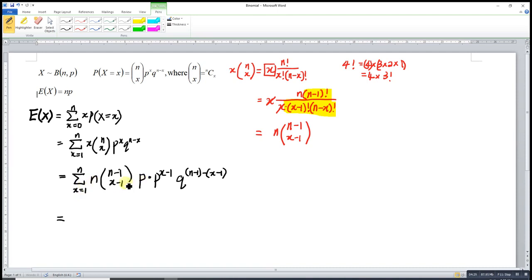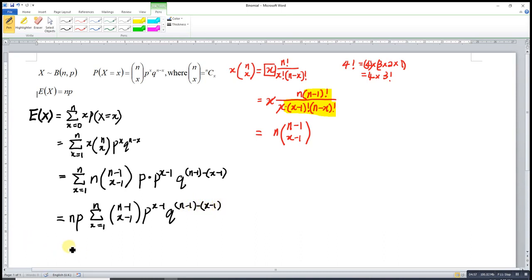Since n and p are not involved in the calculation of x, they are constants, so we take out n and p. So we have the summation from x equal to 1 to n of n minus 1 choose x minus 1, p to the x minus 1, then we have q to the n minus 1 minus x minus 1.